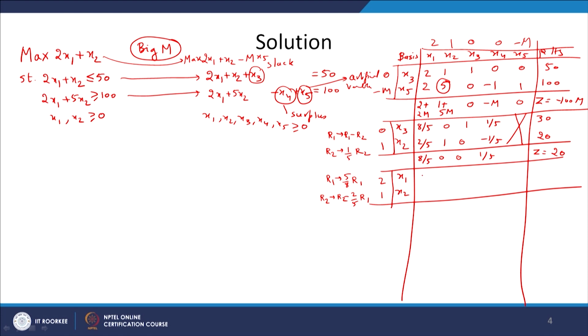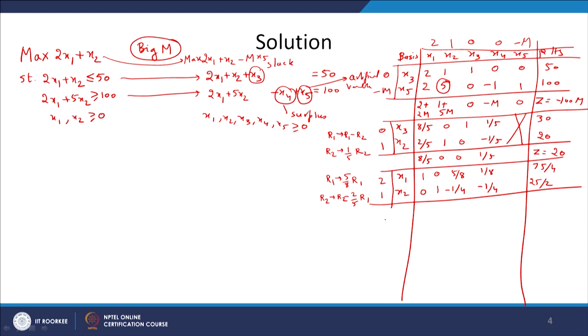and the resulting table that we get is 1 0 0 1, 5 by 8, minus 1 by 4, 1 by 8, minus 1 by 4, and the right hand side becomes 75 by 4 and 25 by 2.